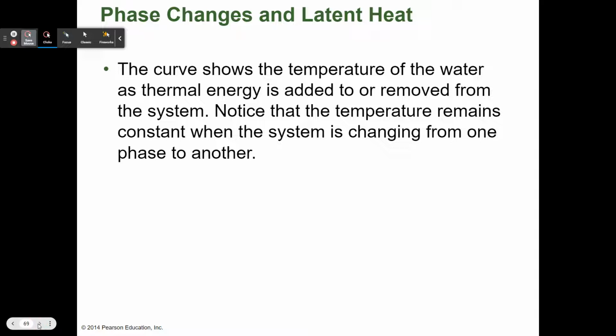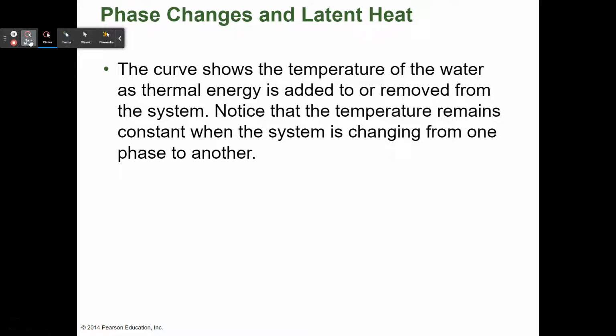All right, and then there are lots of problems that we're going to work with these. Now, the tricky part is that when you have a problem, you need to be able to pick out where the latent heat of vaporization and the latent heat of fusion come in.